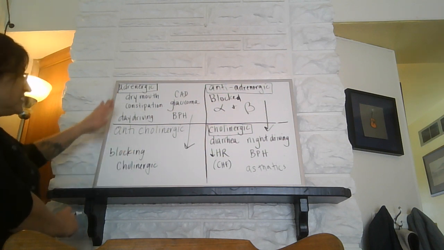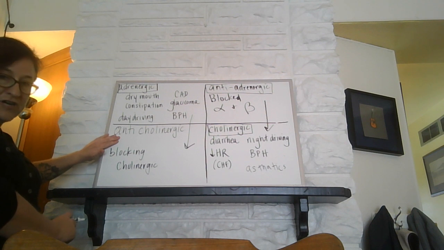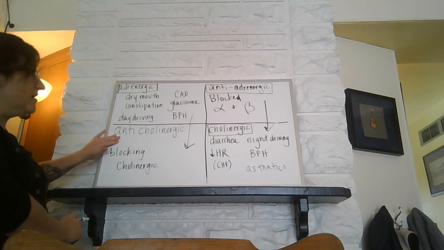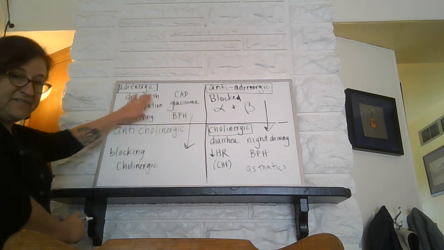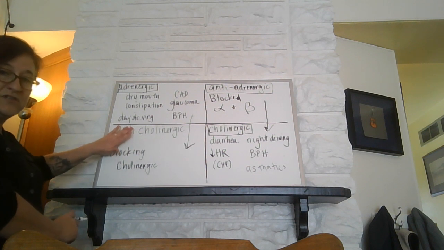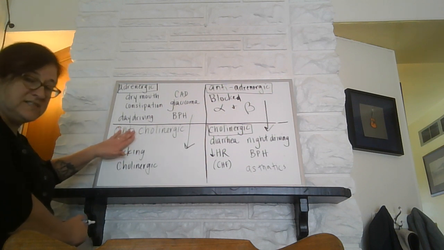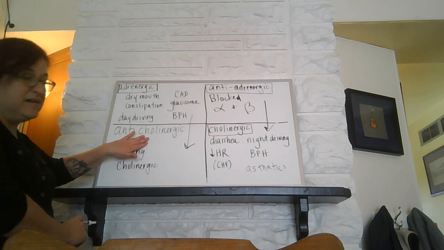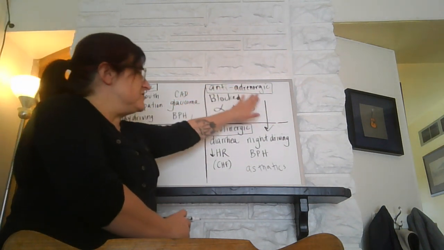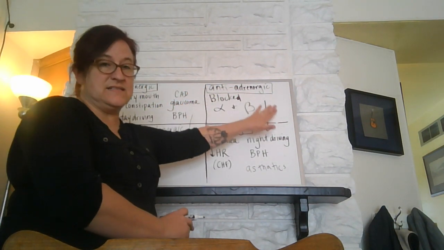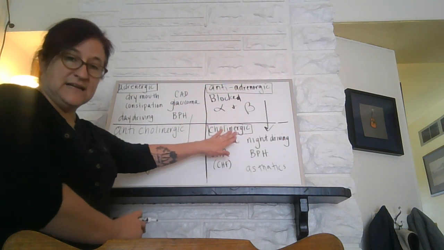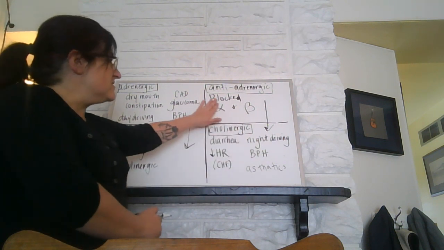So adrenergic and anticholinergic are similar in terms of their possible side effects, as well as people to use caution with or contraindications. And anti-adrenergic and cholinergic are similar in terms of potential side or adverse effects, as well as cautions or contraindications.